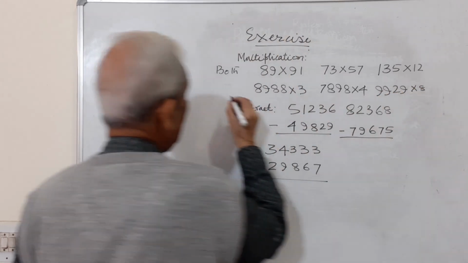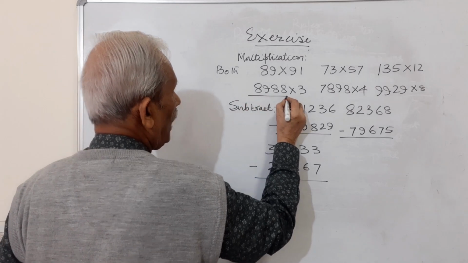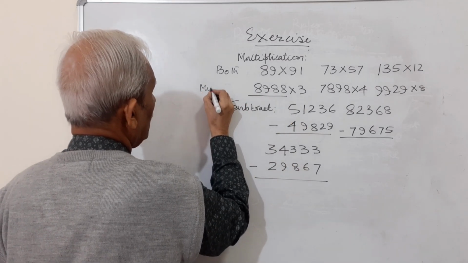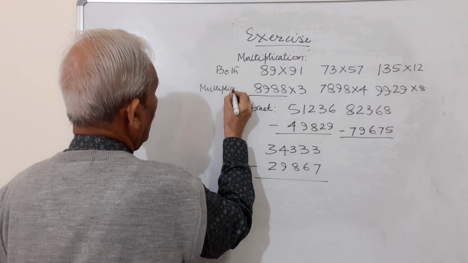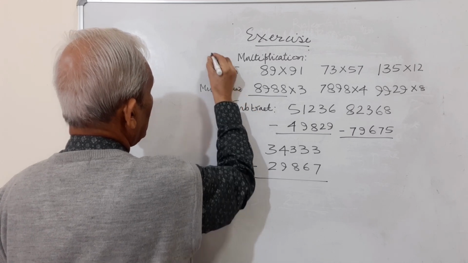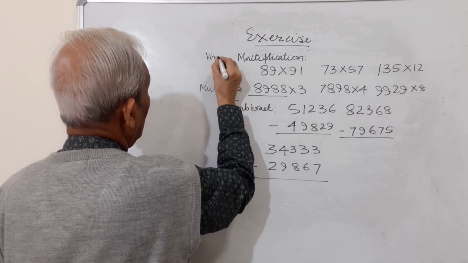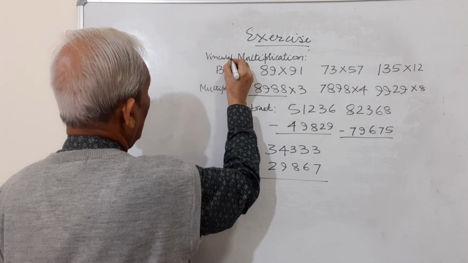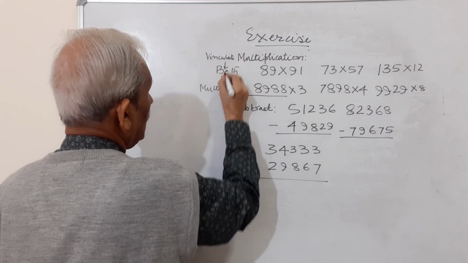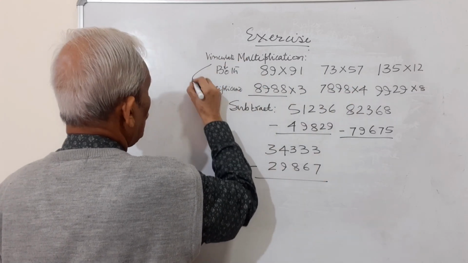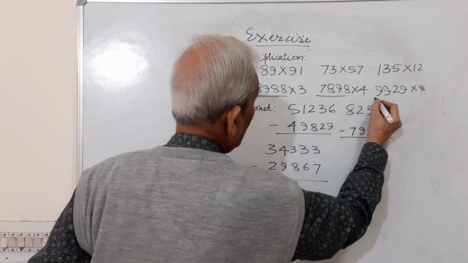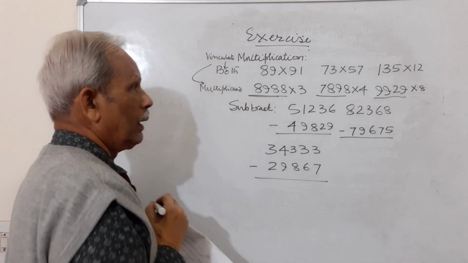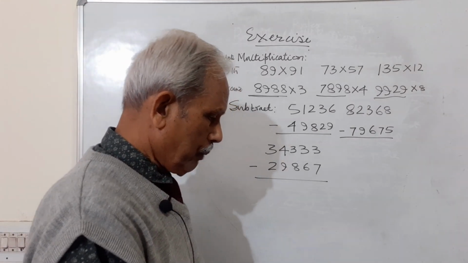Here vinculate the multiplicand only, the left hand side only. Right? Now these are the examples which I've given you to practice.